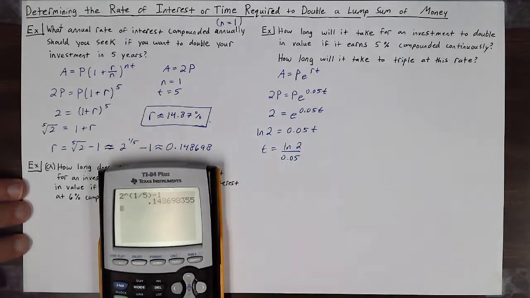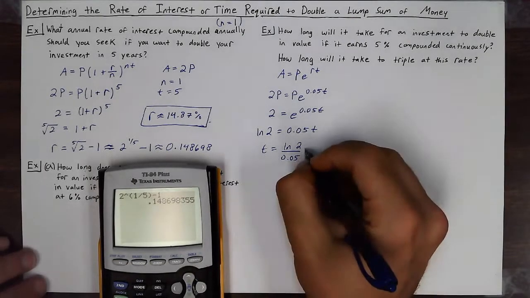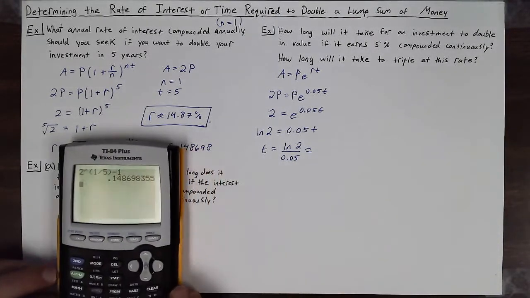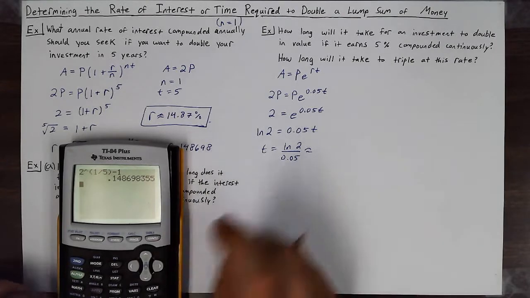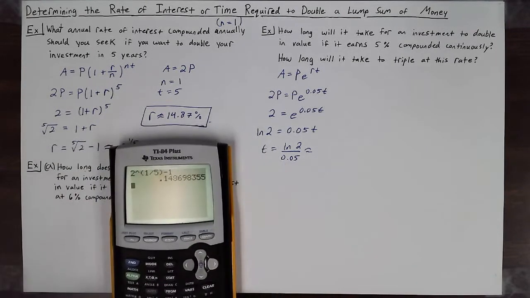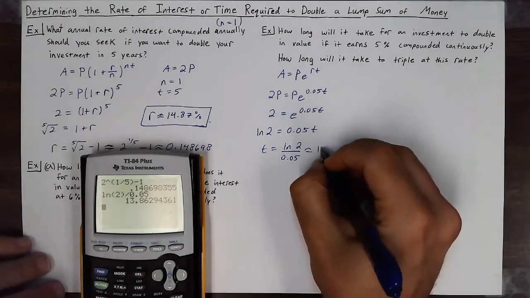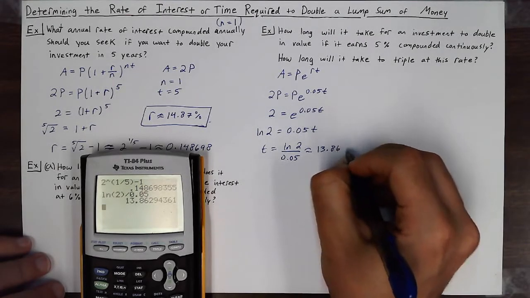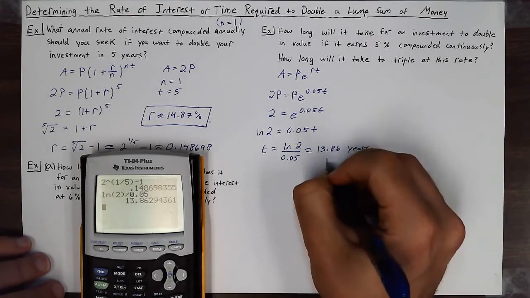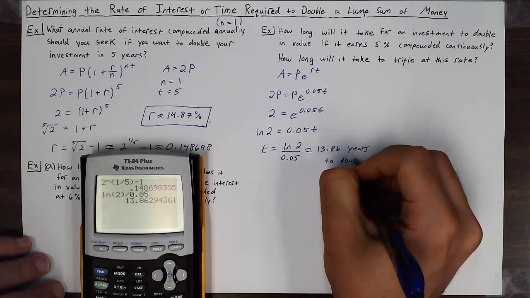So how much time will that take? Well, let's plug this in and figure it out. Natural log of 2 divided by 0.05. It's going to take about 13.86 years to double the investment.